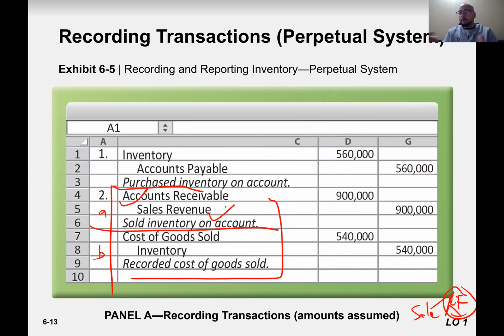The cost of those items that need to be reduced from the balance sheet will become an expense. So cost of goods sold, an expense increase, means debit. So cost of goods sold to inventory: inventory is our asset, asset decrease means credit, right?